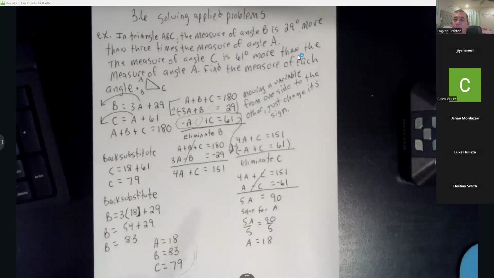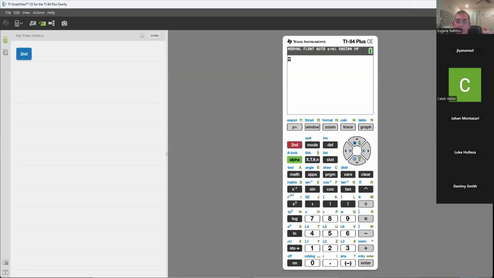So y'all let me pull up the calculator and give y'all more practice doing this. All right, so we're going to hit second, x-1 for the matrix. We're going to go over to edit and hit enter. All right, so these are 3 by 4. Anytime you got 3 variables, it's a 3 by 4 when you're solving equations.